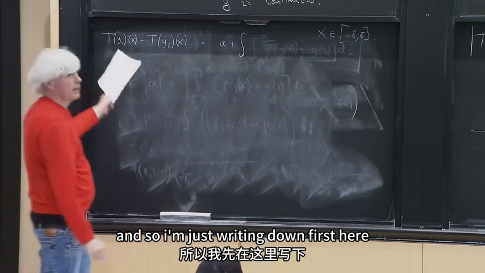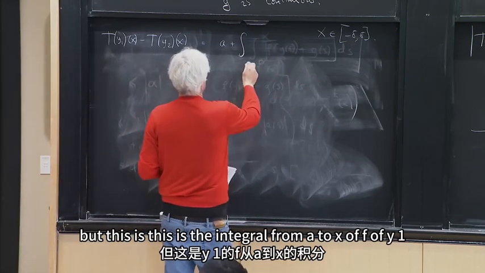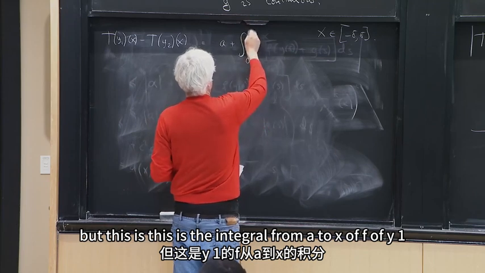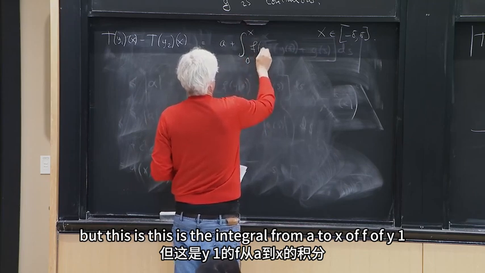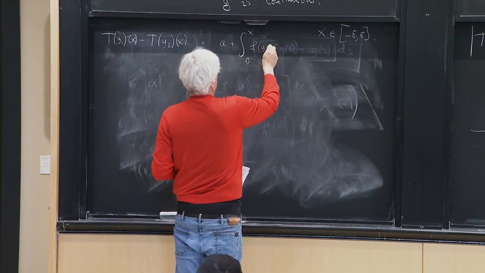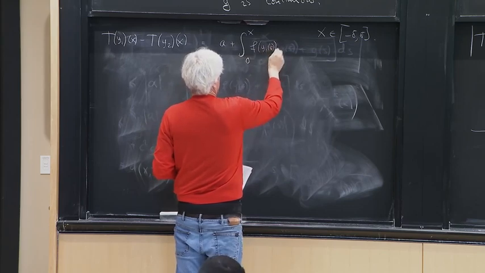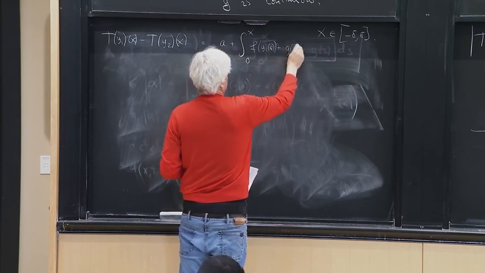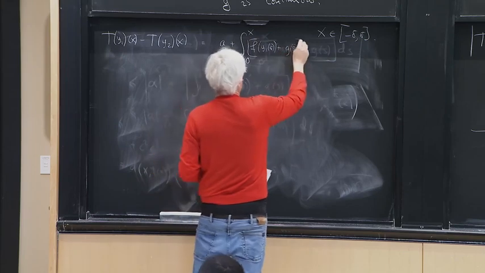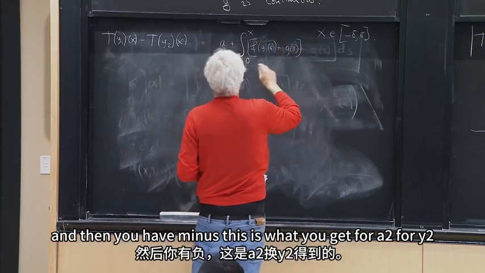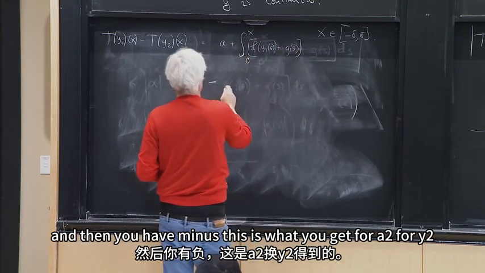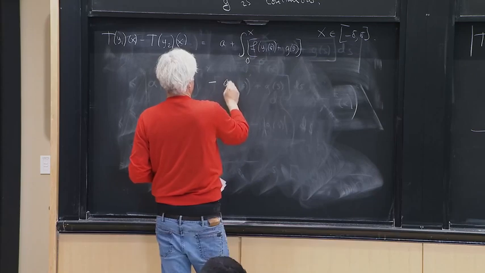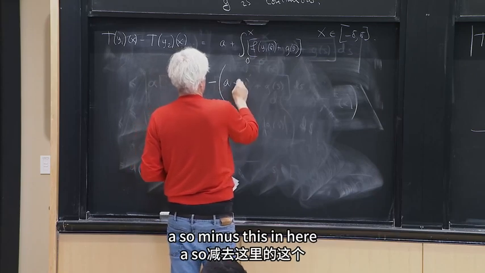And so I'm just writing down first what this is. This is the integral from a to x of f of y1 of s plus g of s. And then you have minus, this is what you get for y2, so minus this thing here.